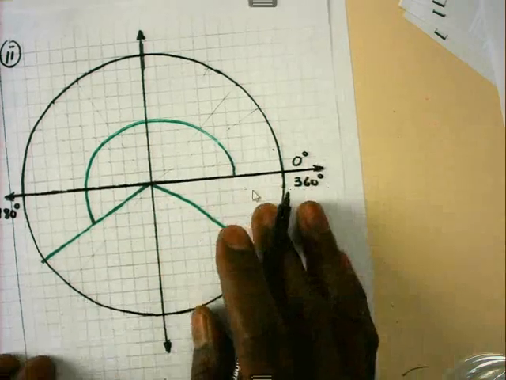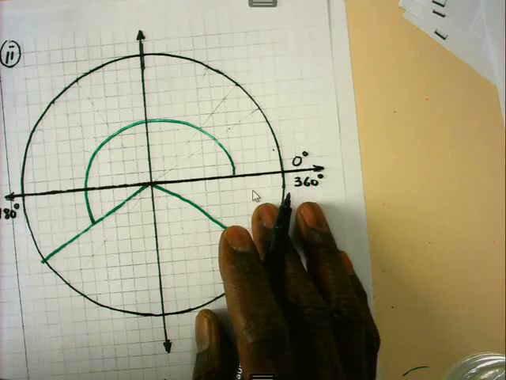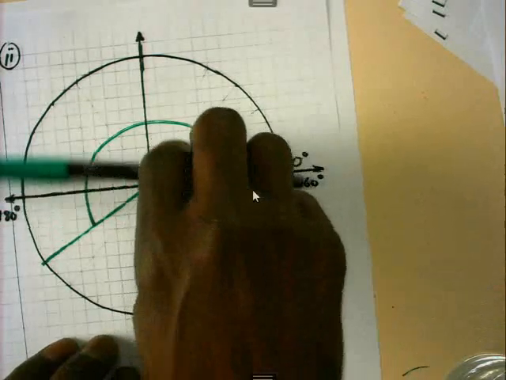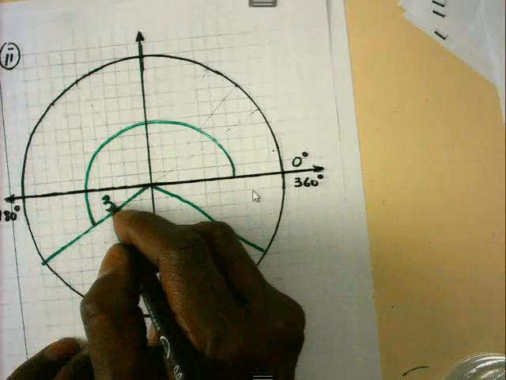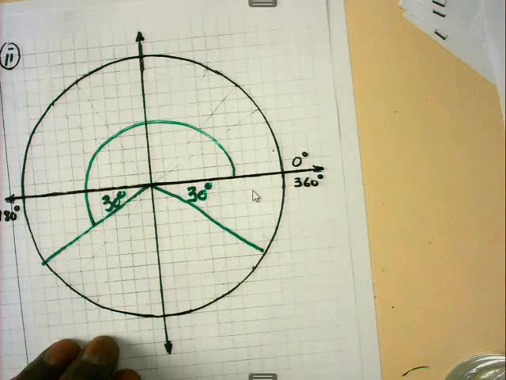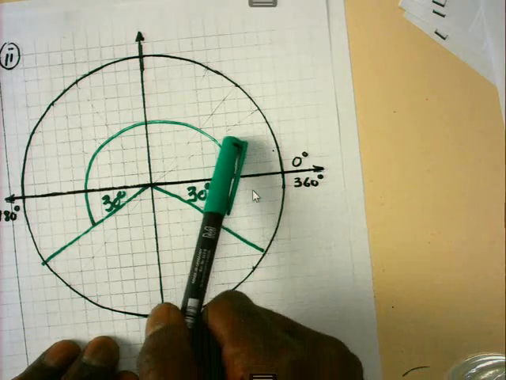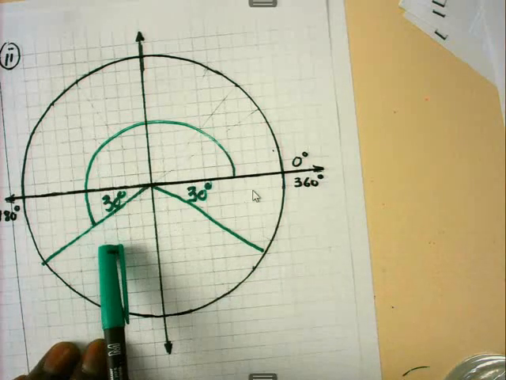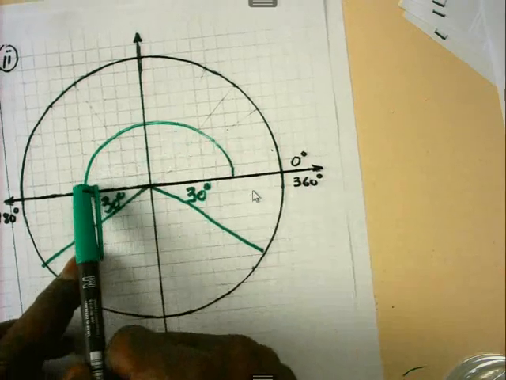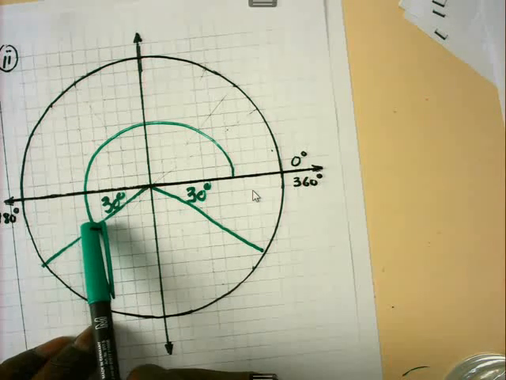Oops, I must first write the reference angle. Remember, I must first write the reference angle. Our reference angle was 30 degrees and 30 degrees there. So from here up to there, that angle there will be 180 degrees plus that angle.